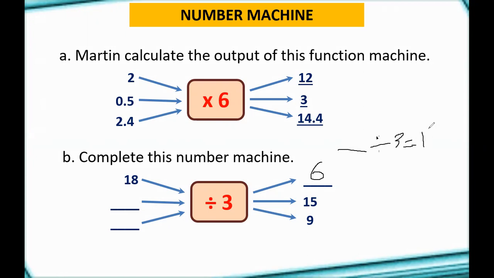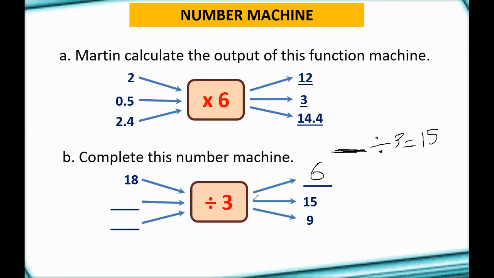So every time that the first number is missing, okay, and it is division, we are going to use the opposite or the inverse of division. Since the first number, the starter, is missing, then we are going to use the inverse or the opposite of division or multiplication or addition or subtraction.